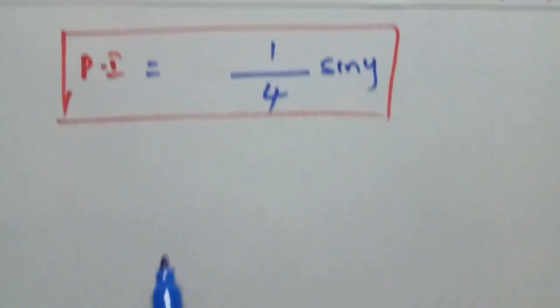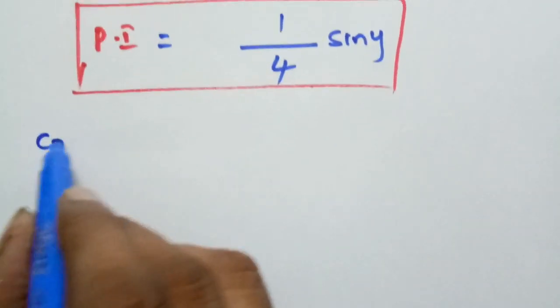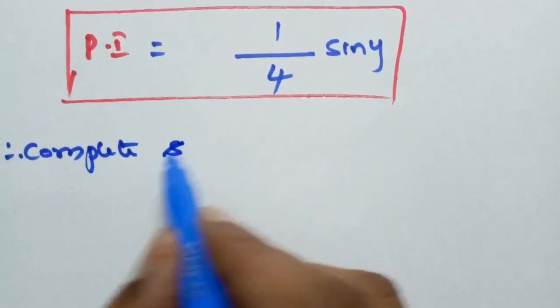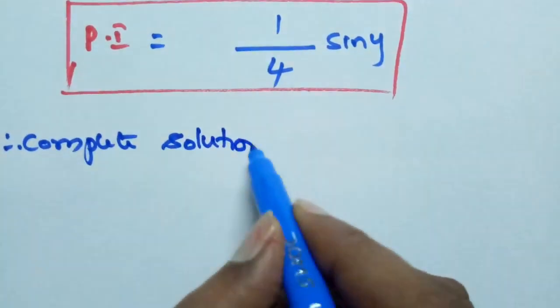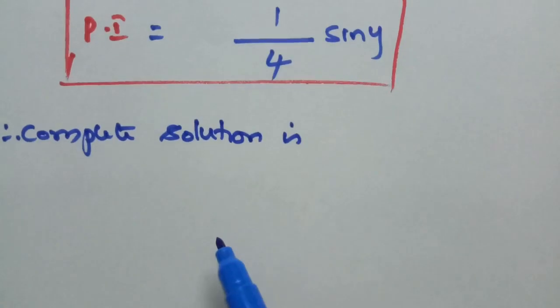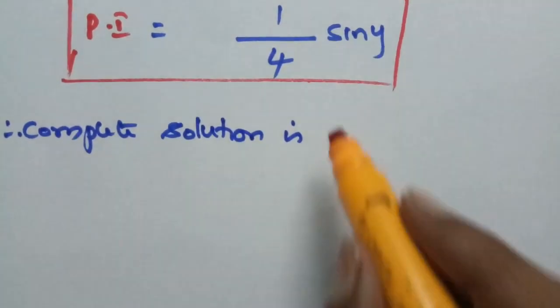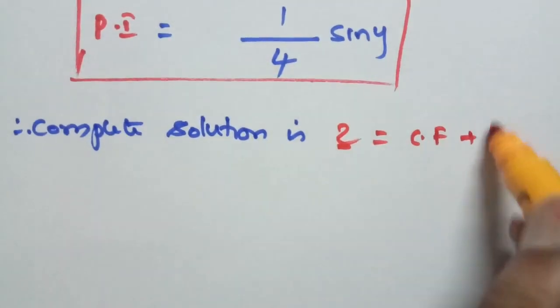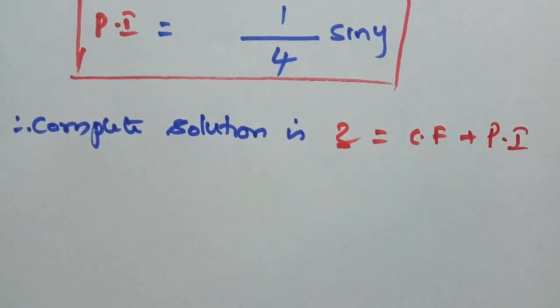Therefore, the complete solution is z is equal to CF plus PI.